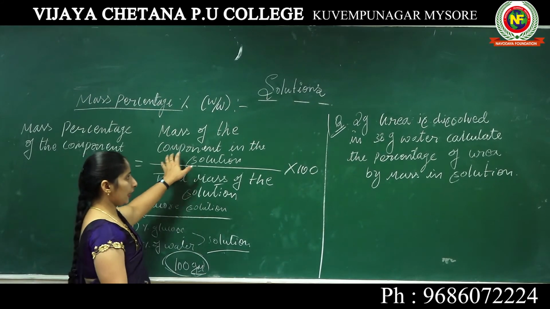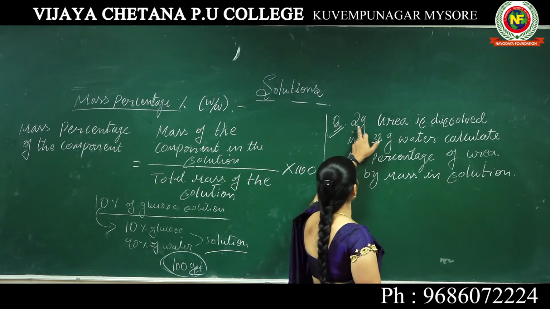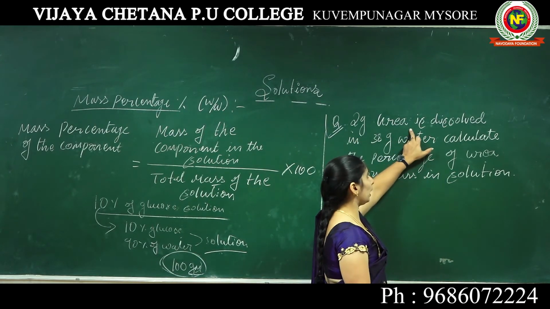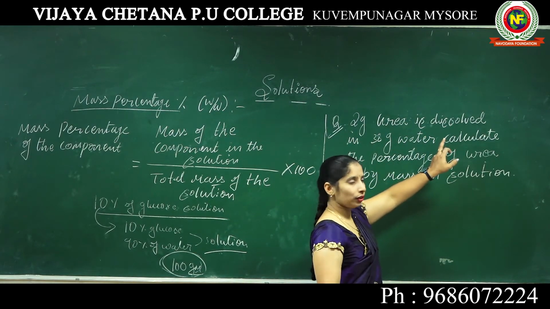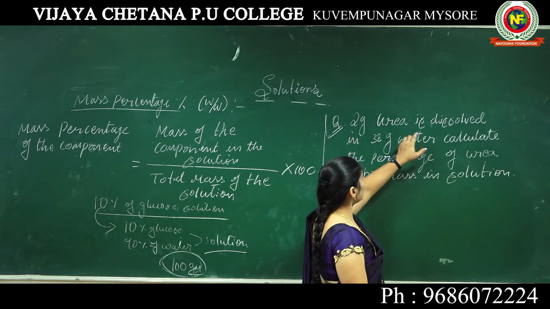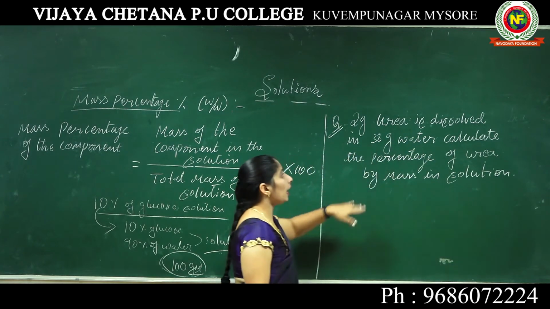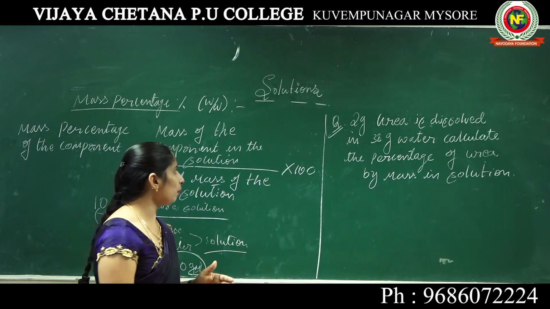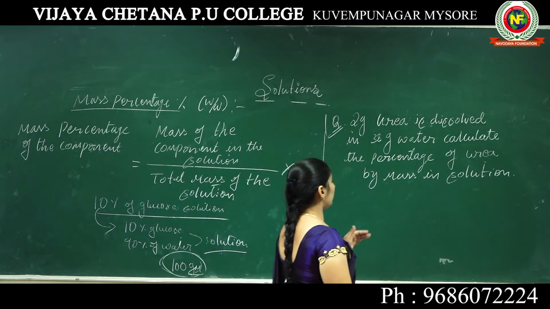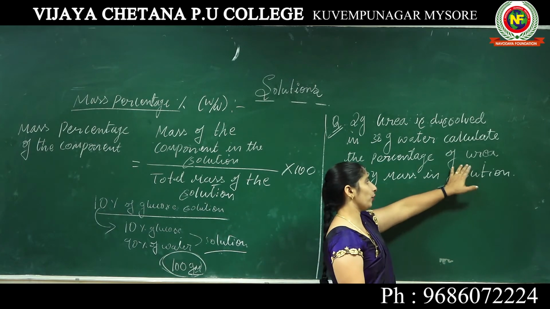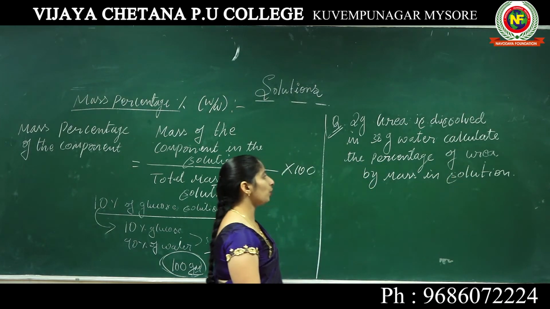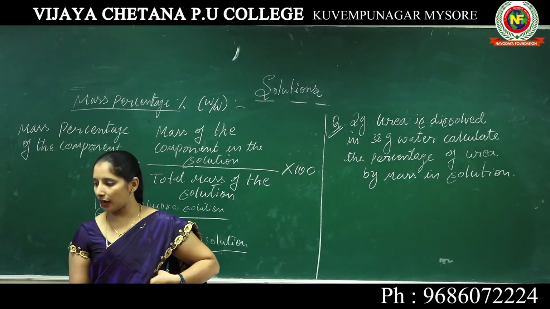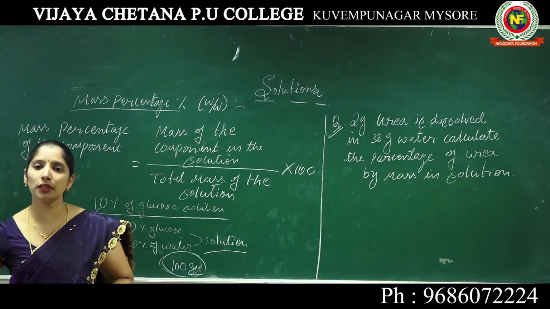The question: 2 gram urea, the solute, is dissolved in 38 gram water. Calculate the percentage of urea by mass in the solution.